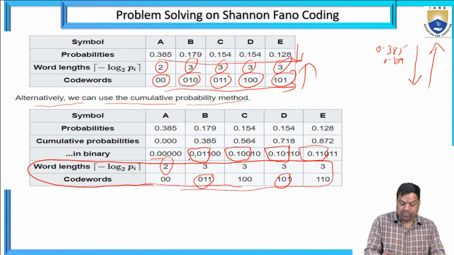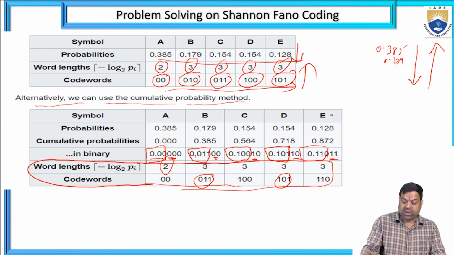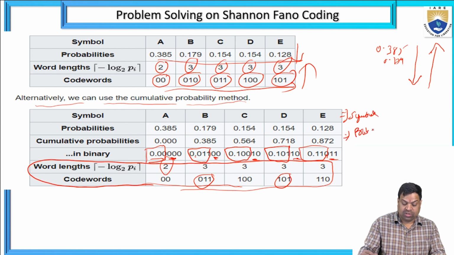So the code word length in binary form is this. The symbols I know, and the probabilities I also know. So what I found is the word length and the binary length, and the binary form is nothing but the code word.